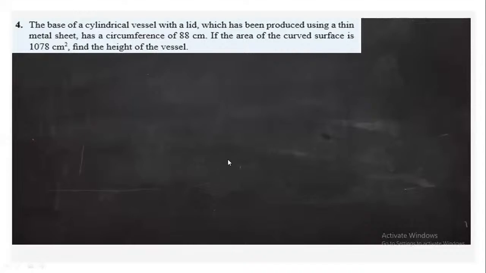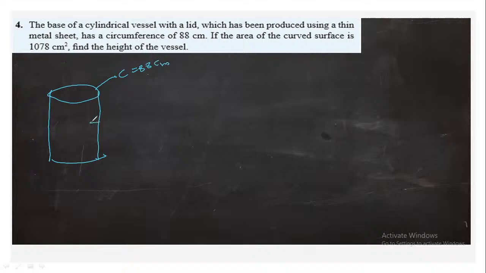If the area of the curved surface is 1078 square centimeters, find the height of the vessel. You have to find the height by using the circumference.